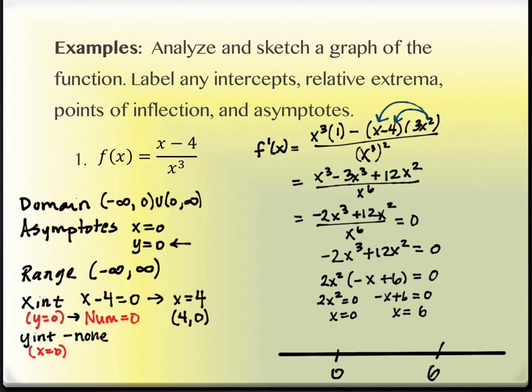So what's a test point you might want to choose before 0? -1. Between 0 and 6? And after 6? 7. Okay. And we're going to test them in the derivative right here, before I ignored the denominator. I need all of that.